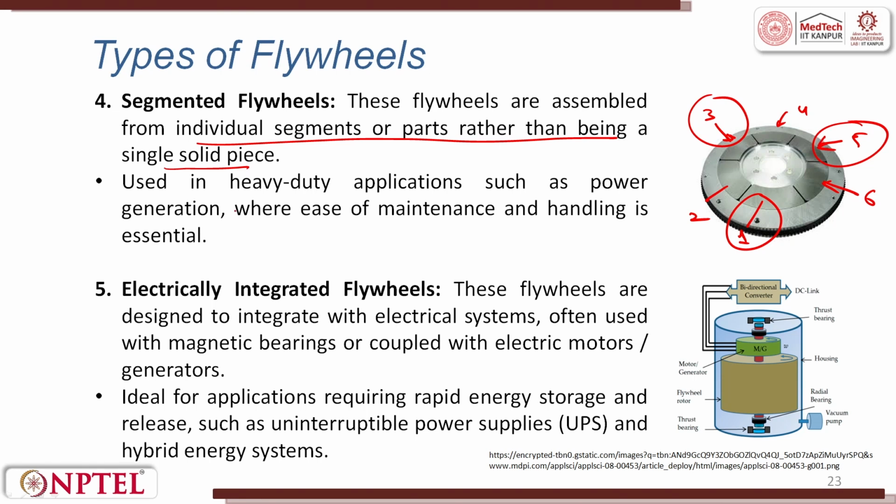These are used in heavy duty applications such as power generation, where ease of maintenance and handling is essential. Segmental is there because we can remove it, so we can have better maintainability.